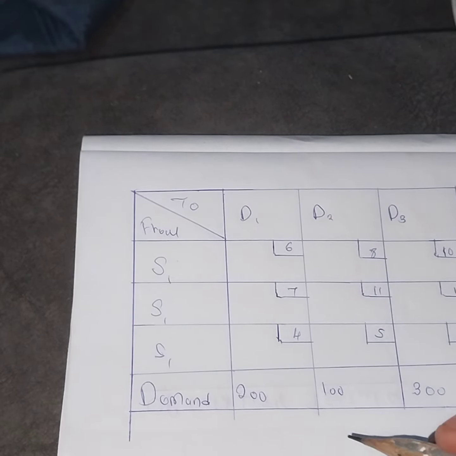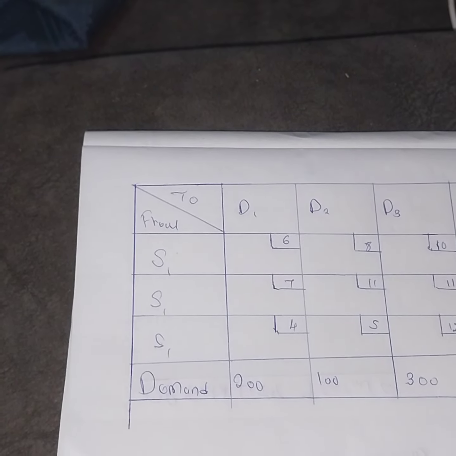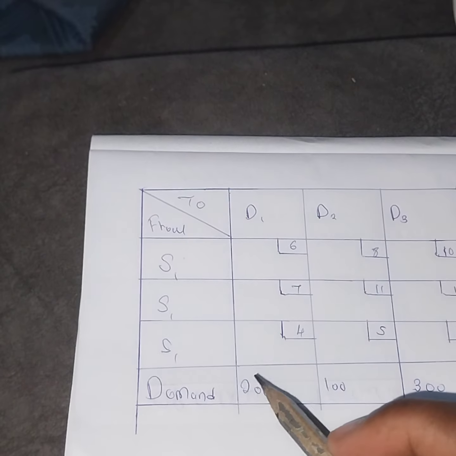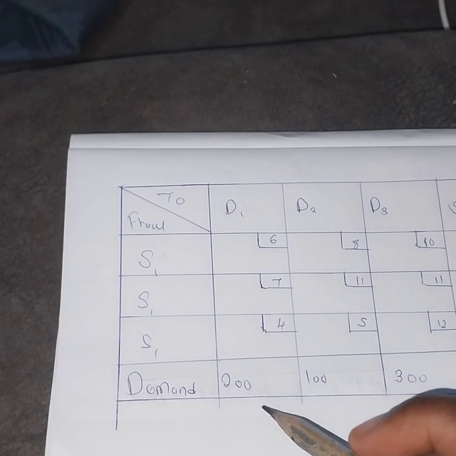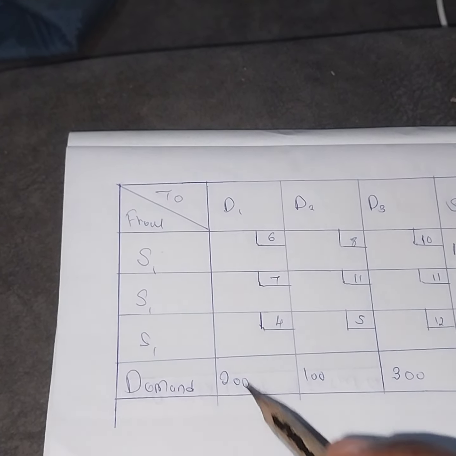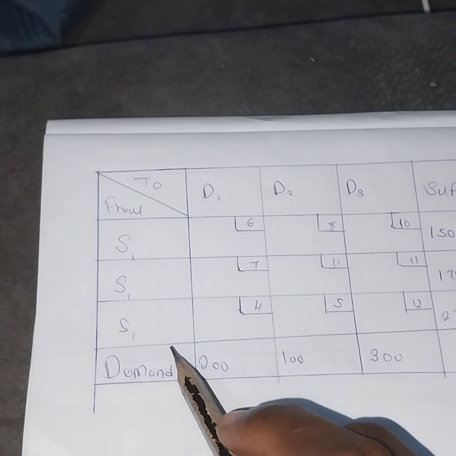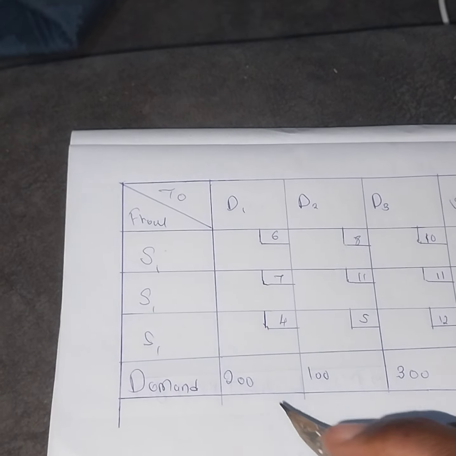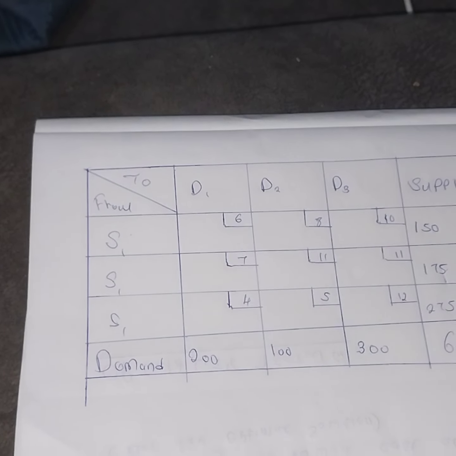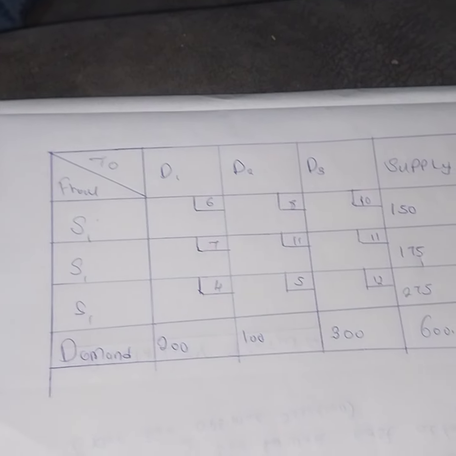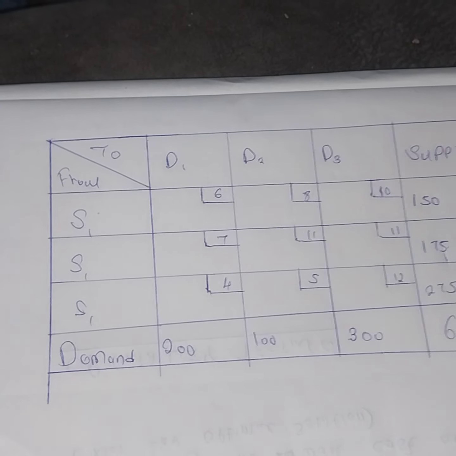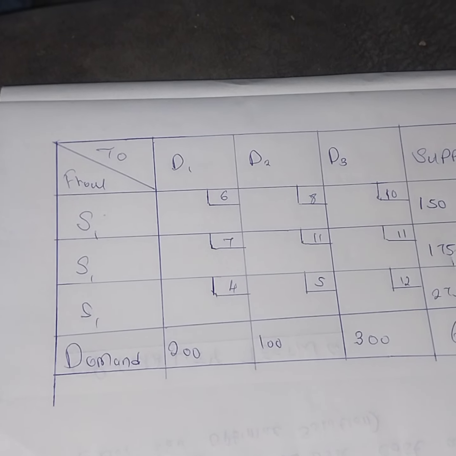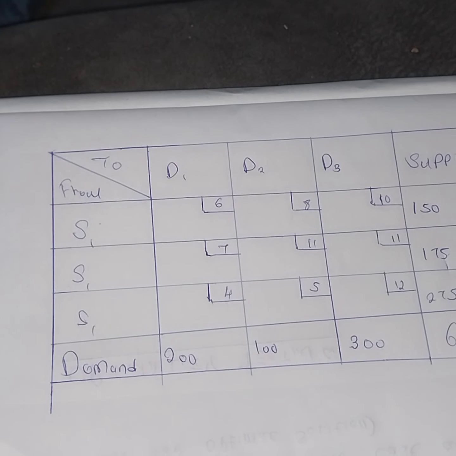The demand for destination 1 is 200 tons, and the supply is 275 tons.